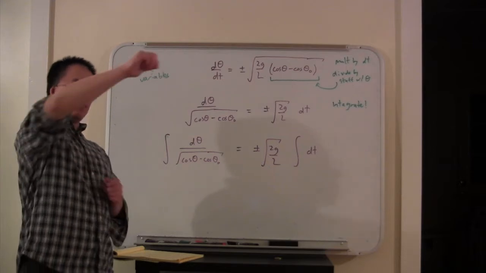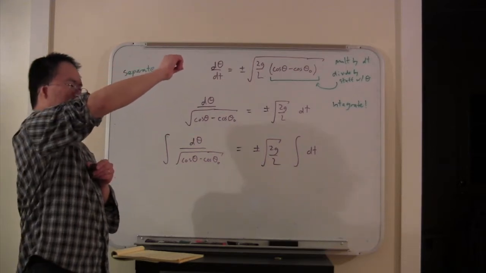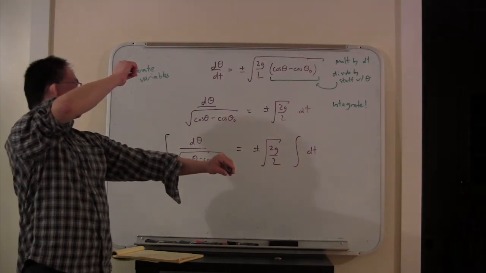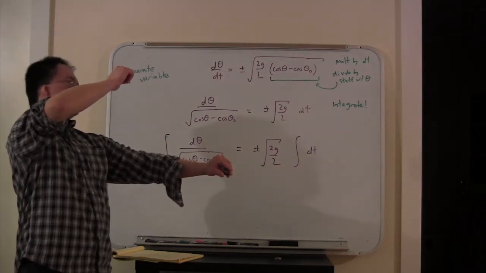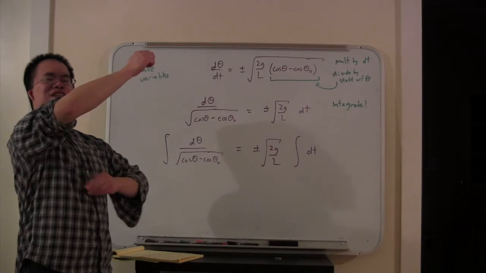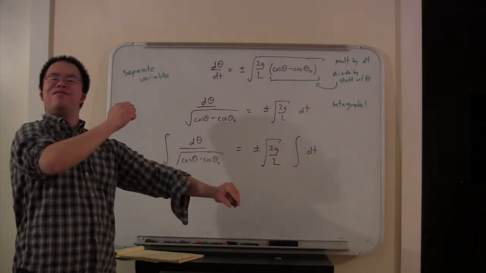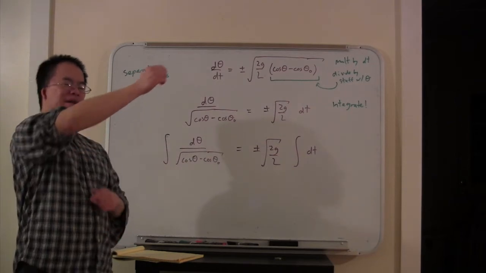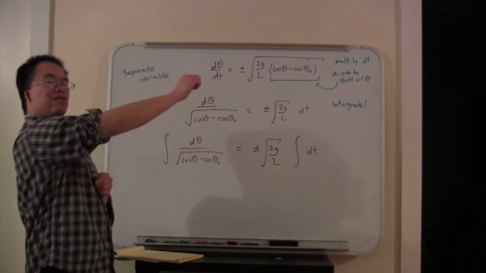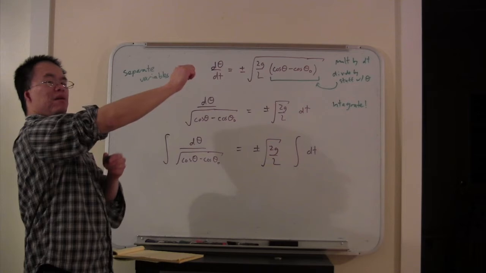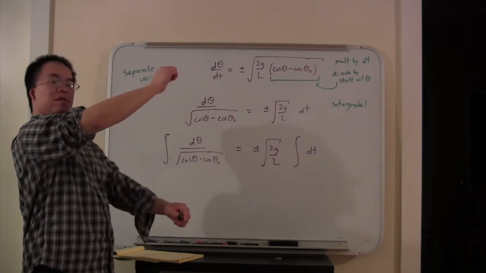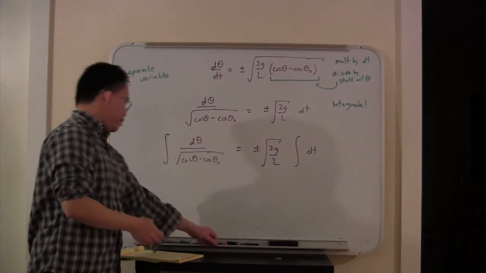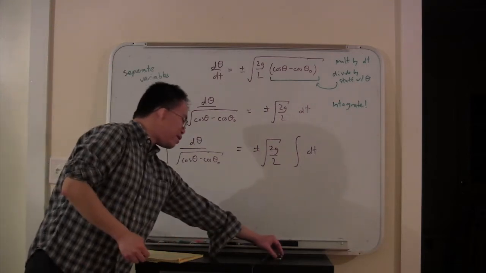Because if I started from here, half a period is up there. So if I went from plus theta naught to minus theta naught, I still have periodicity issues. You can maybe see how it's symmetric. Instead, I want to think about going from theta naught to down here, theta equals 0.